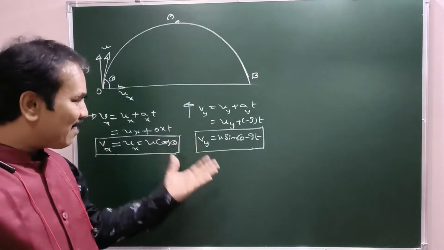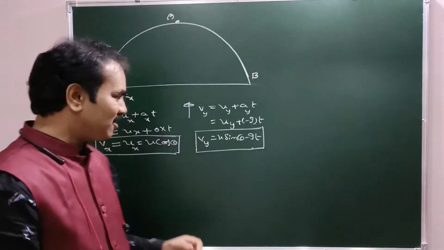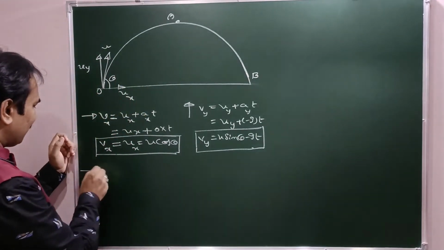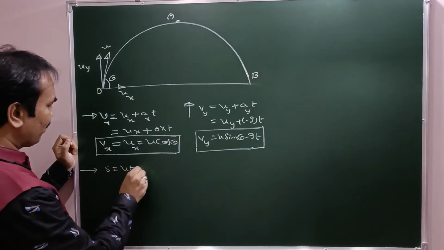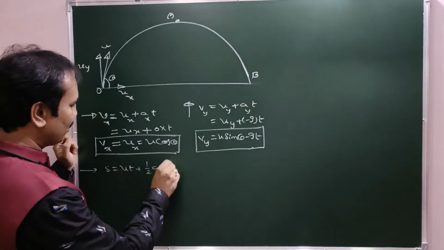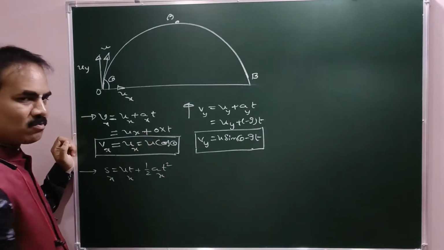Similarly, at the same time, what are the horizontal and vertical displacements covered by the projectile? Let us see. Along horizontal, take s equal to ut plus half at square. That is sx equal to uxt plus half axt square.